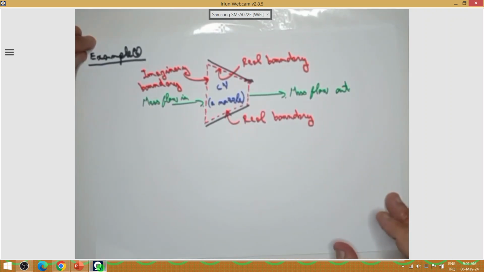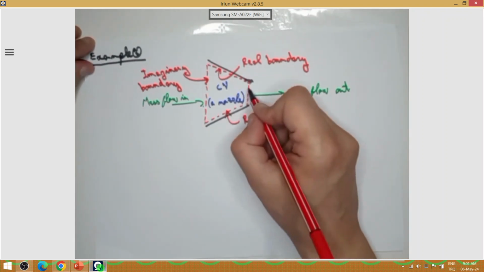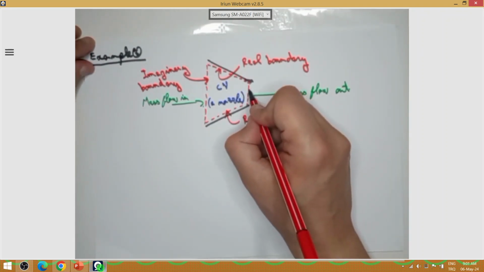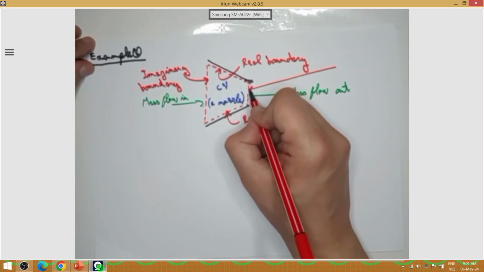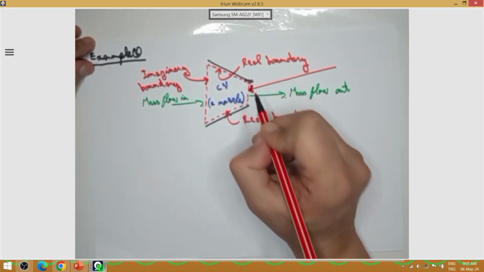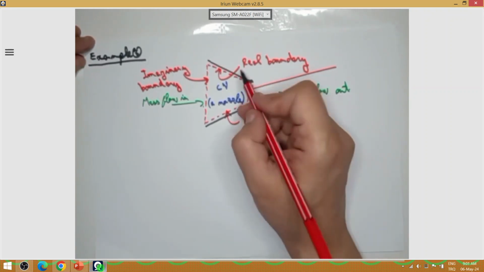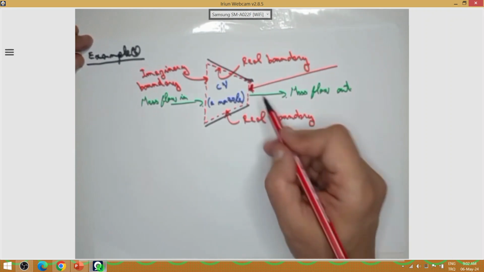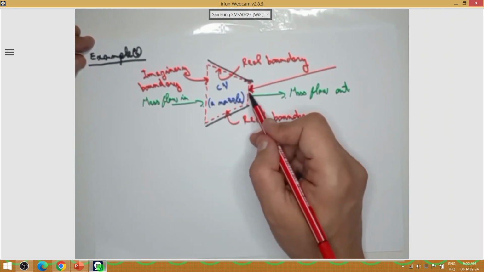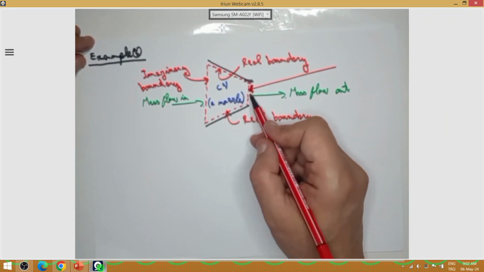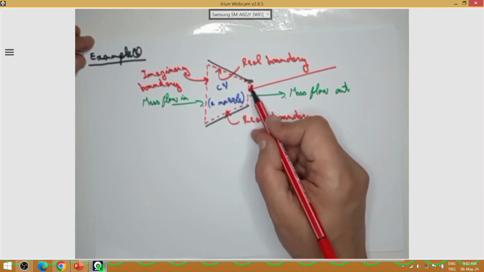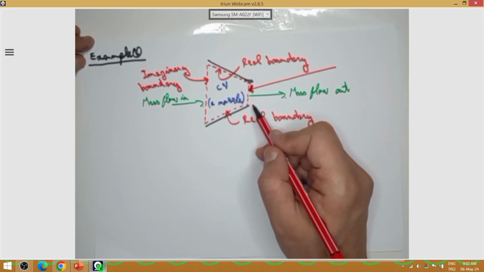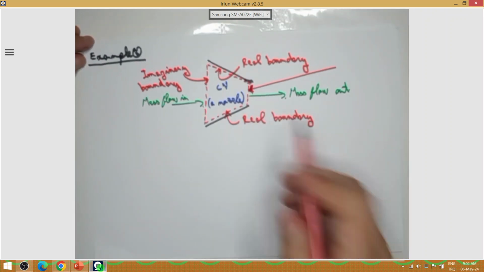And in the same way, the boundary that I see here, is it real or imaginary? Of course, here I don't see any surface, any material, any physical surface, or any wall belonging to my nozzle.